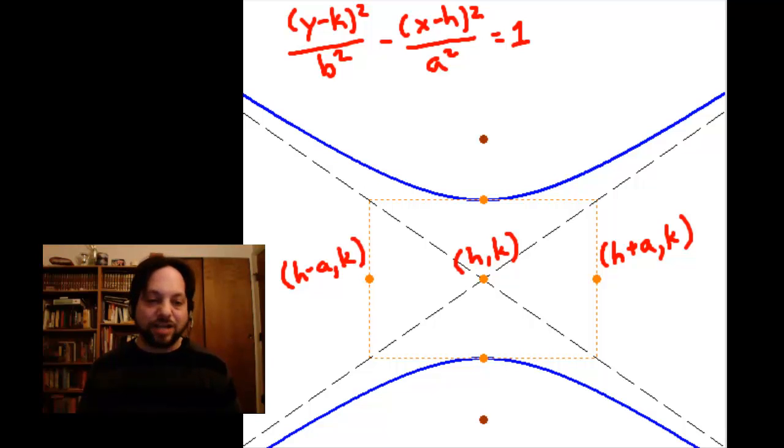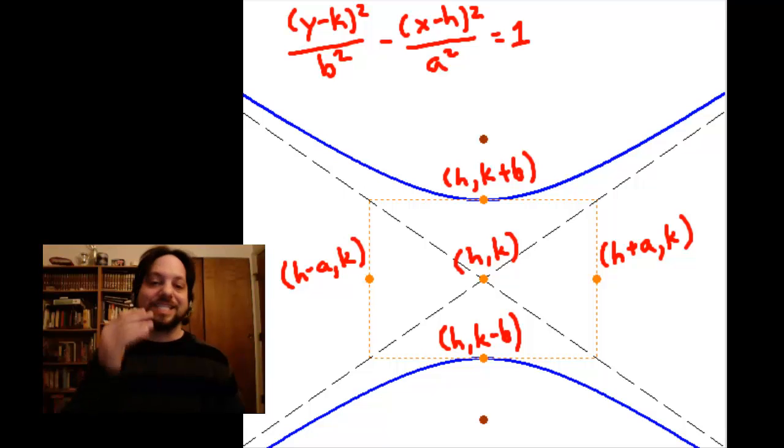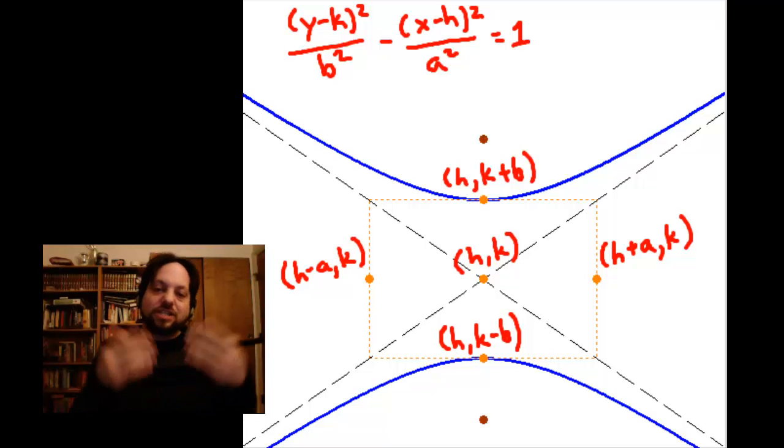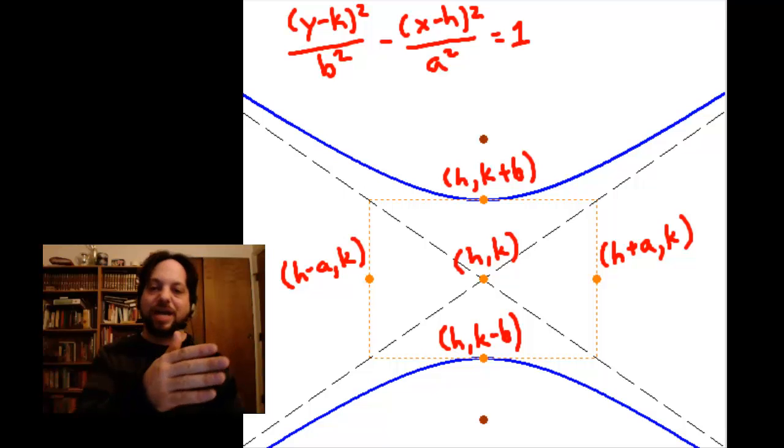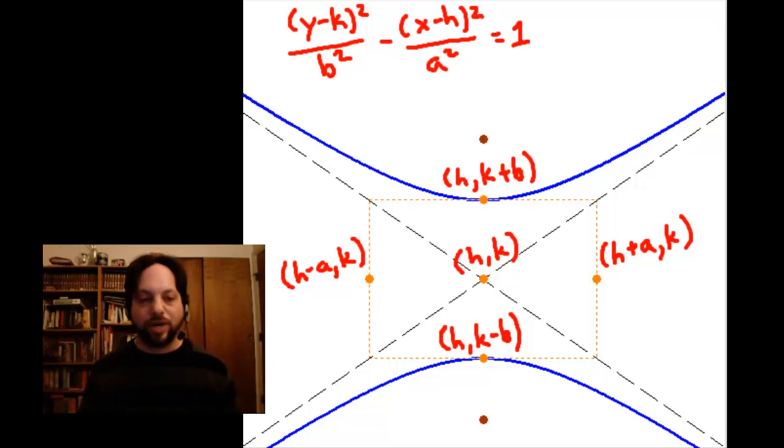And to get to my actual vertices, those will simply be h comma k plus b and h comma k minus b. Notice that nothing here is really different. In fact, all of that is the exact same no matter which way the hyperbola is opening. The only difference is which ones are the vertices and which ones are the conjugate vertices. But that you can simply tell by looking at what comes first in the equation.